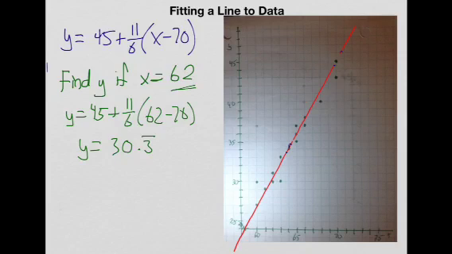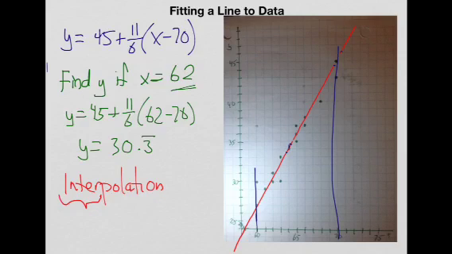Now this is in a case of interpolation. It's interpolation because we're internal. We're inside the data set. When we go back to that beginning when we were setting up the graph, we said all of our points were between 60 and 70.